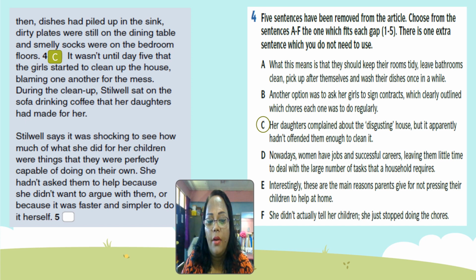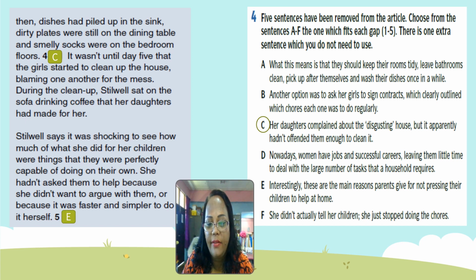Okay, number 5. Stillwell talks about her reaction. Now, she hadn't asked them to help because she didn't want to argue with them or because it was faster and simpler to do it herself. Now, this is what parents normally do. So, what do you think is the answer here? Between B or E?